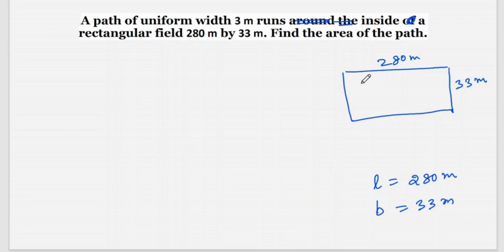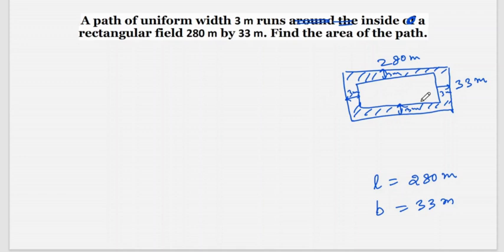Now we are going to construct a uniform path inside this rectangular park. So you can see, and this is 3 meter, everywhere is 3 meter, and we have to find the area of this shaded portion. So how can you find that?